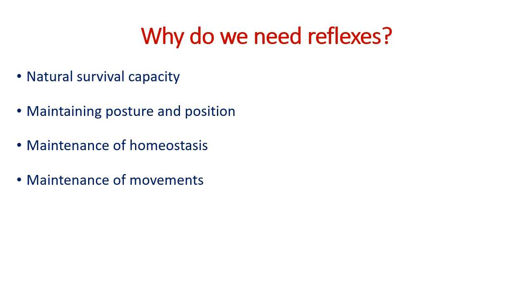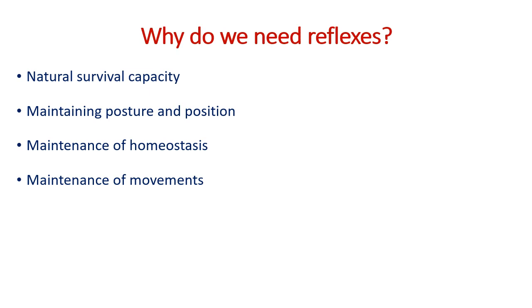Then suddenly you trip and you start falling. What will your hands and arms do? They will try to break your fall and protect you, as most of your body's muscles will start contracting to minimize the injury. So here the reflex has come into the picture to protect you.